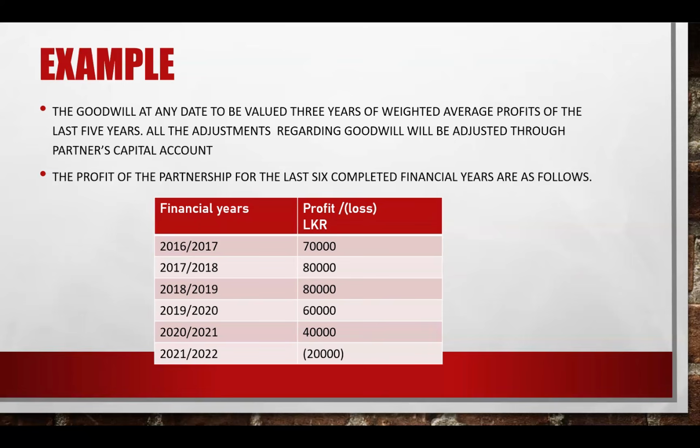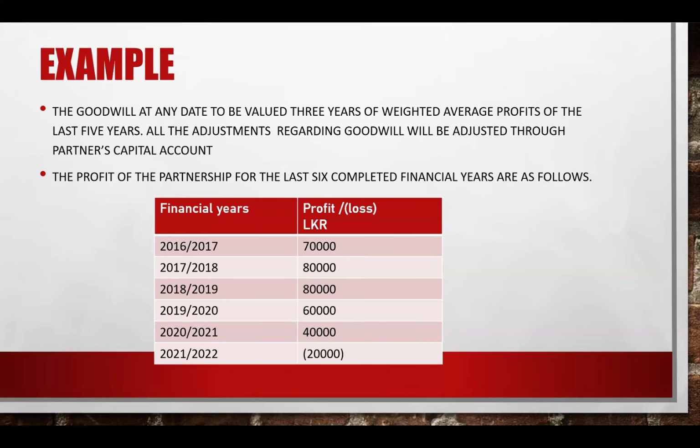Please read point 2 under the additional information. They gave us the last 6 years' profit of the entity, but additional point 1 said we can use the last 5 financial years' profit.